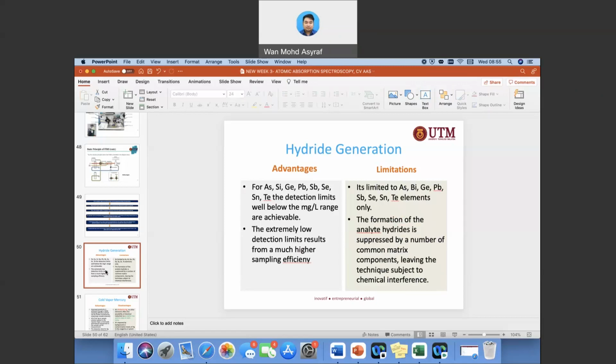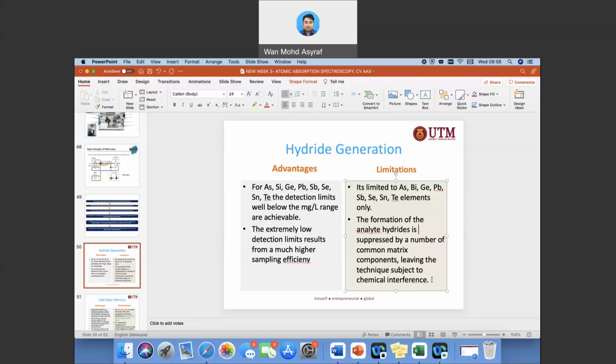Okay? So the limitation of hydride generation is that it is limited to these elements only. So it may be a limitation, but it can also act as an advantage. The limitation is that the formation of the analyte hydrides is suppressed by a number of common matrix components, leaving the technique subject to chemical interferences.